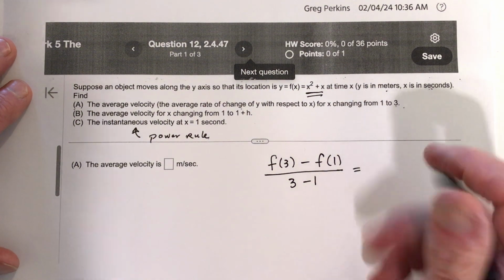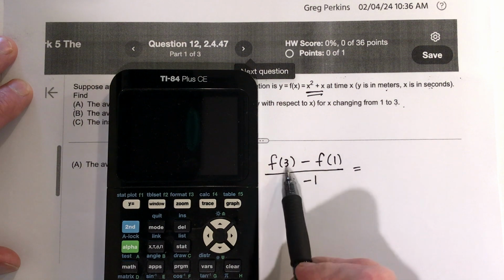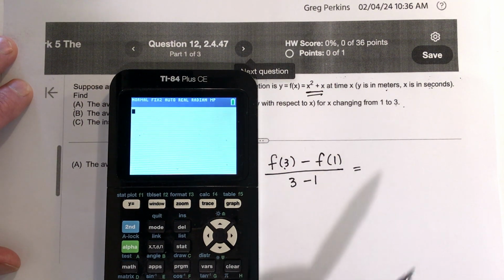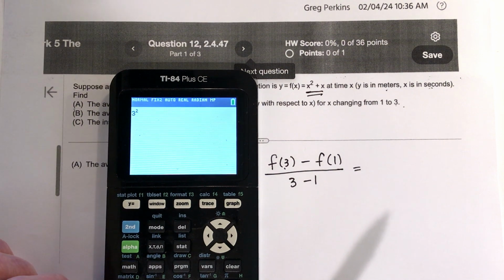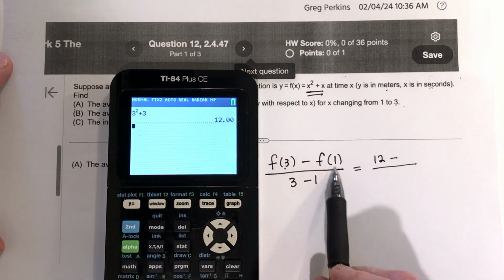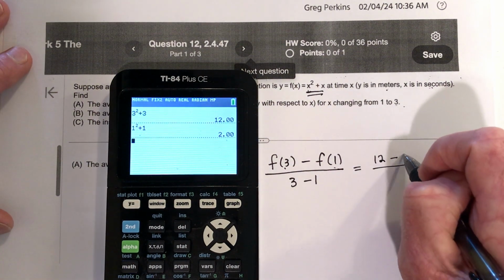So if you get a calculator, and if I first substitute 3 into this, that's going to be 3 squared plus 3, that's a 12. Then substitute a 1 into that function, so 1 squared plus 1, that's a 2.